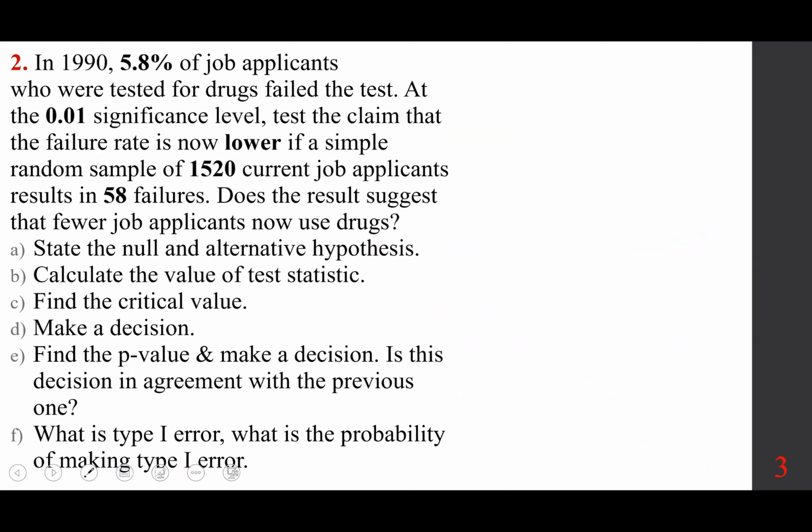At the 0.01 significance level, test the claim that the failure rate is lower if a simple random sample of 1,520 current job applicants results in 58 failures. Does the result suggest that fewer job applicants now use drugs?